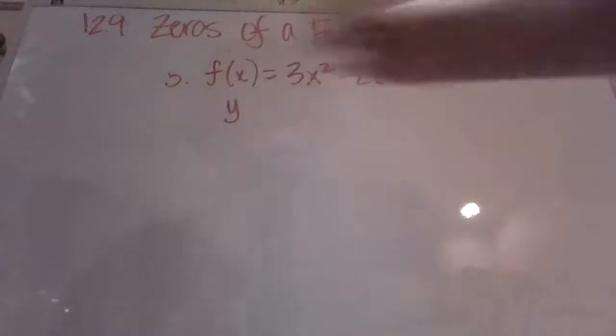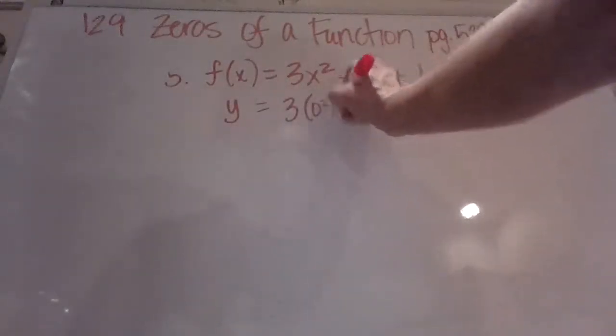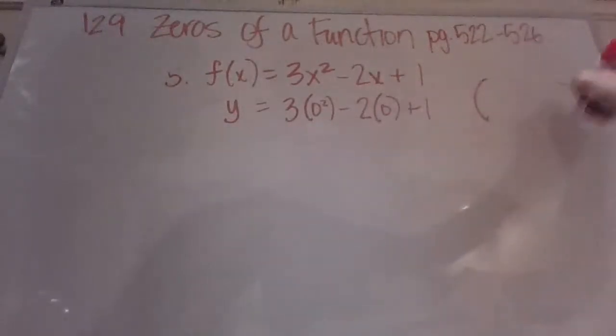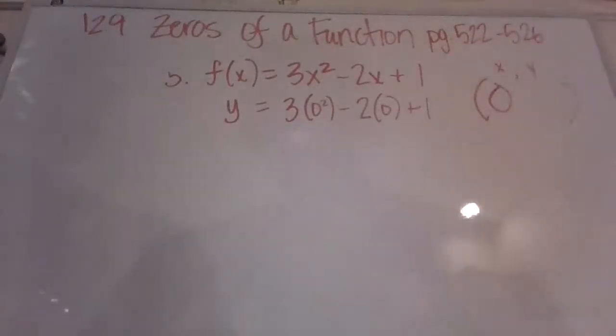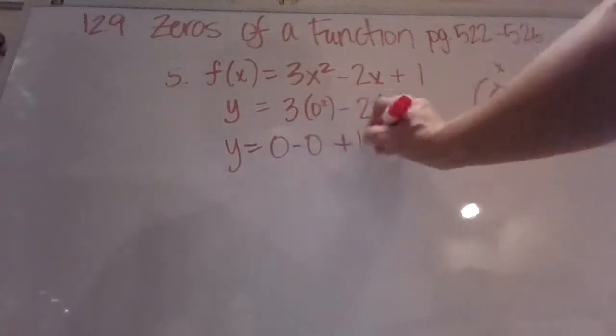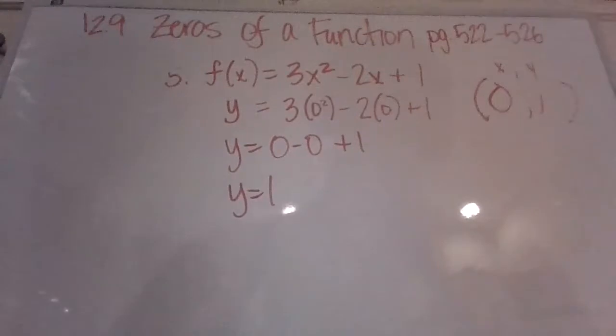This is y. All I have to do is make my x is 0. So 3 times 0 squared minus 2 times 0 plus 1. I made x 0. This is my x term. This is my y term. So y is equal to 0 minus 0 plus 1. So that means my y is equal to 1.